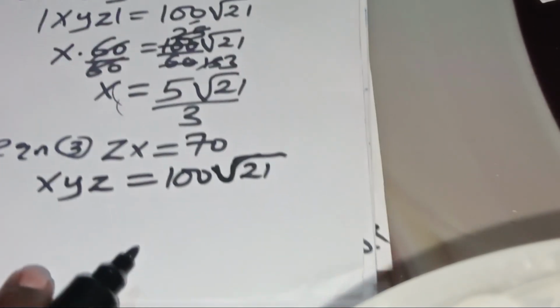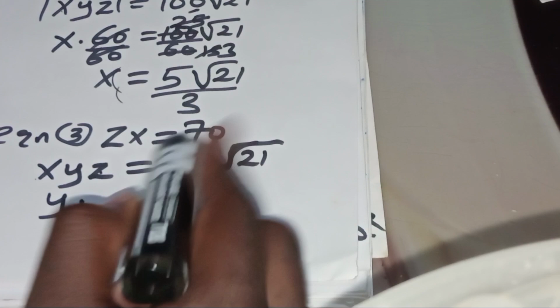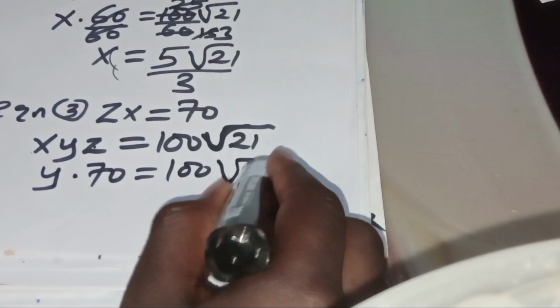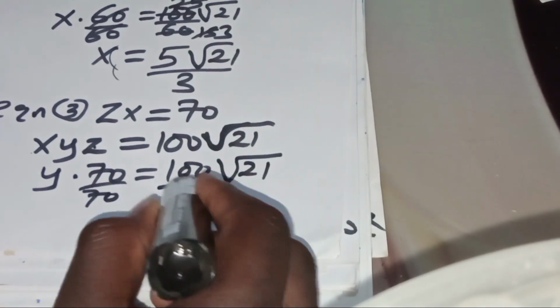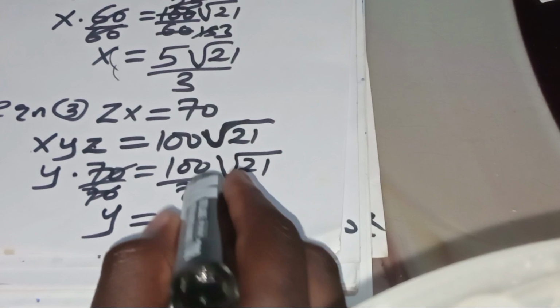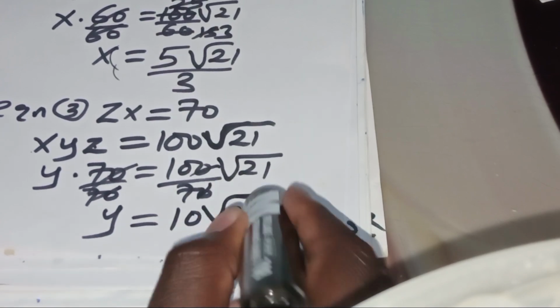So we need the value of y: y multiplied by zx, which is 70, is equal to 100 square root of 21. Dividing both sides by 70, this yields y as 10 square root of 21 divided by 7.